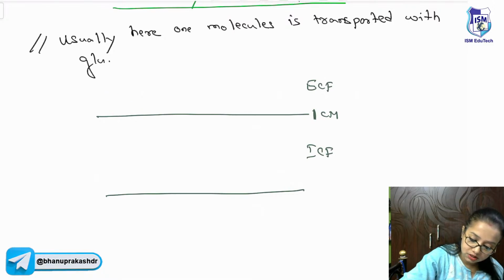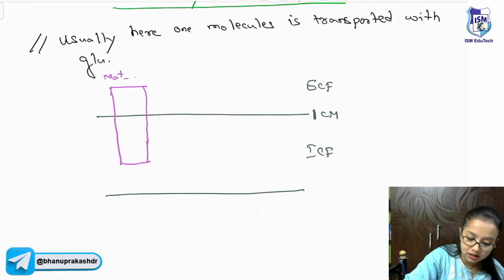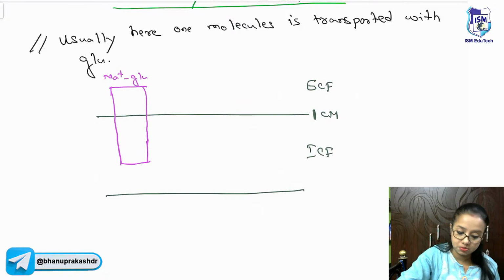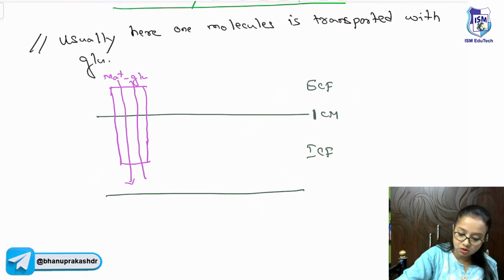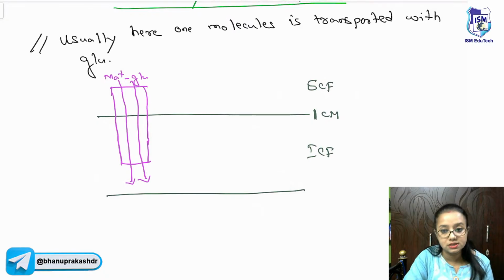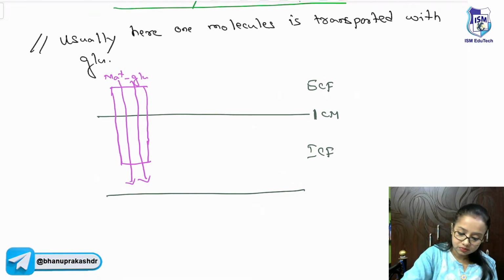Okay, so it may be something like this, like sodium and glucose symport. So here you see sodium and glucose symporter, which is a co-transporter. Here both the molecules are entering from ECF to ICF. Okay, this is a sodium glucose symporter.